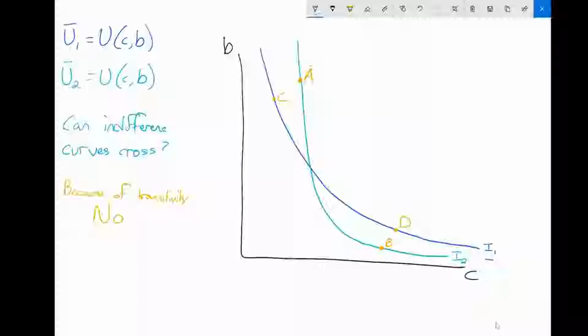First, we know that agents will derive more utility from A than from C. That's very clear, so let's write that out. Agents prefer A to C. So we know that. Okay. We also know that agents are indifferent between A and B.